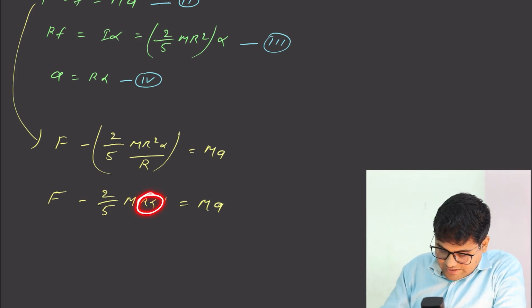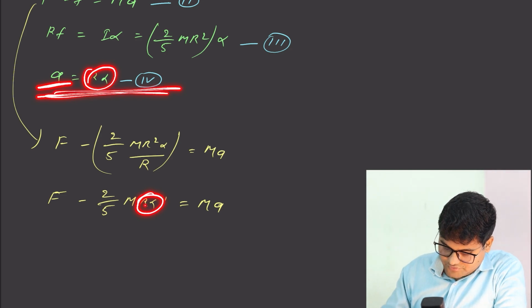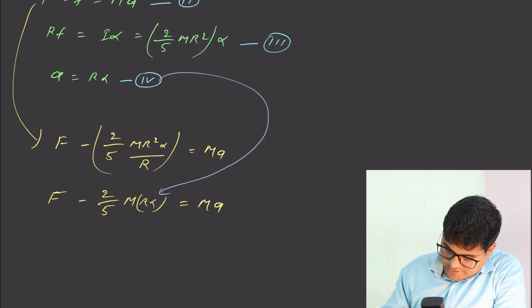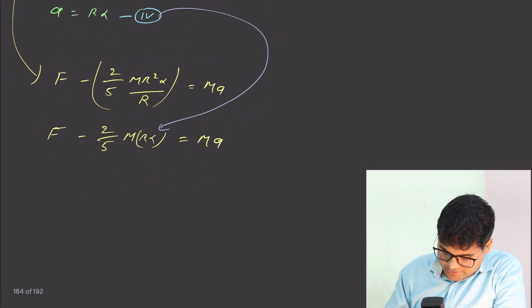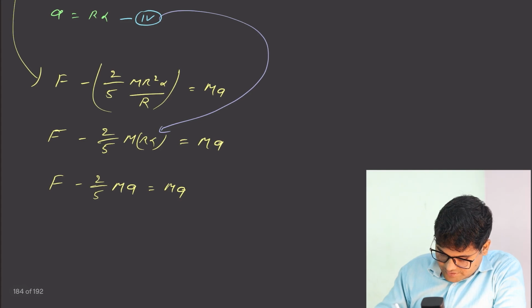And R alpha is equal to A from equation 4, so we put the value here. This becomes capital F minus 2 by 5 m a is equal to m a.